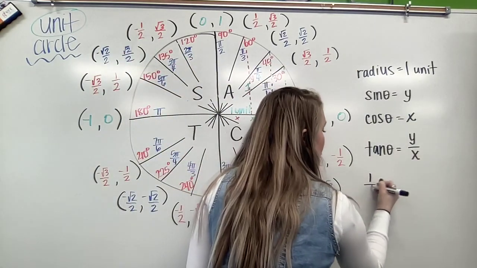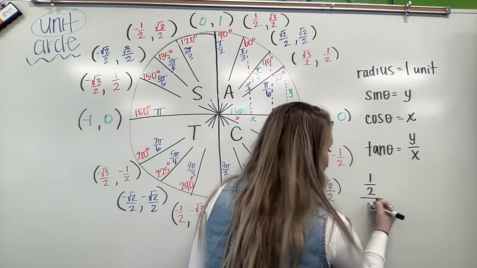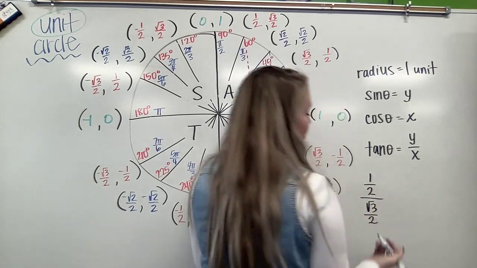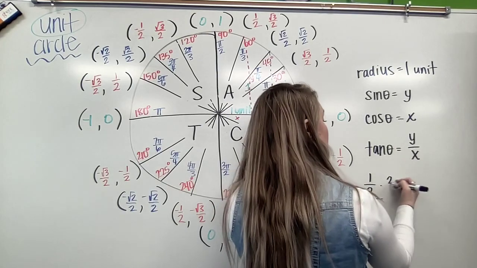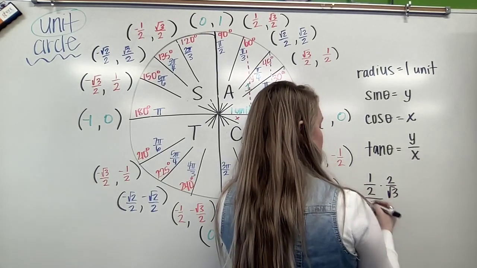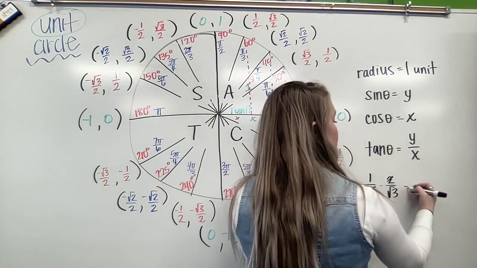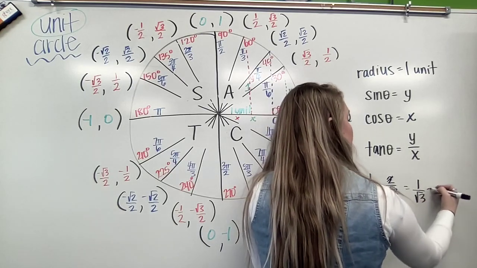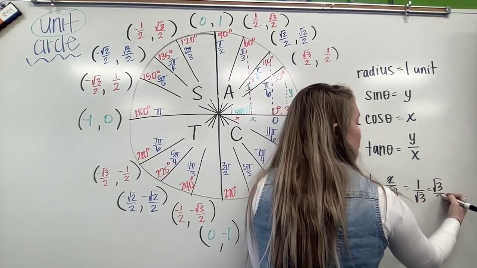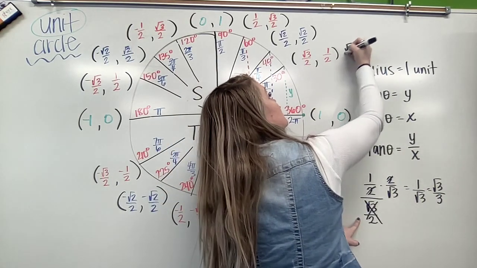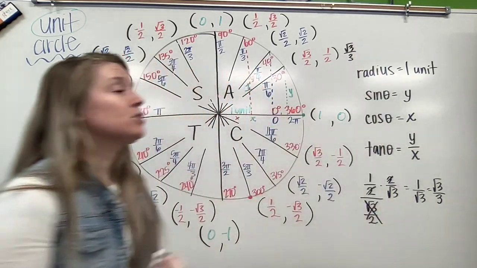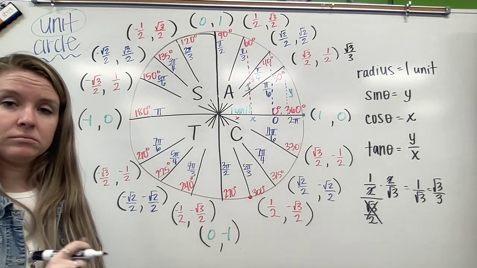So I'll do that here: 1/2 divided by root 3 over 2. If we're dividing fractions, we're going to multiply by the reciprocal. So my 2's reduce, 1 over root 3, and that rationalizes to root 3 over 3. So the tangent of 30 degrees is root 3 over 3.